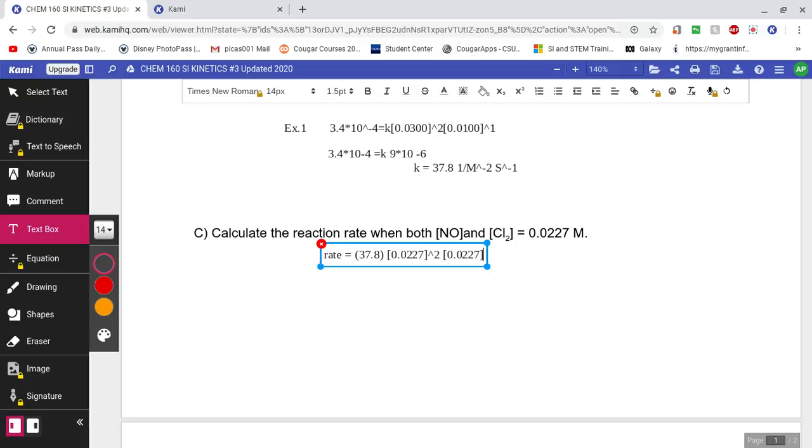And since it's to the power 1, I'll just leave it like that. And since we have all the values we need, you multiply it straight across. And what you end up getting is the initial rate, or the rate is actually equal to 4.4 times 10 to the negative 4.